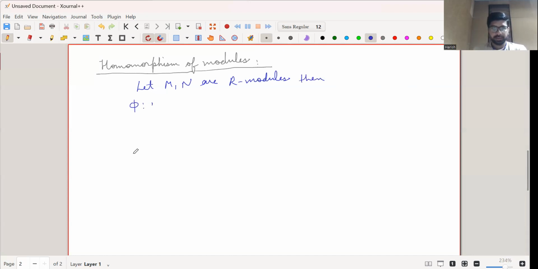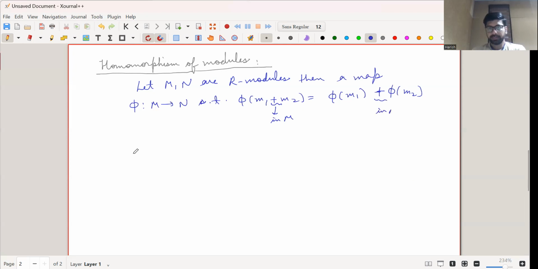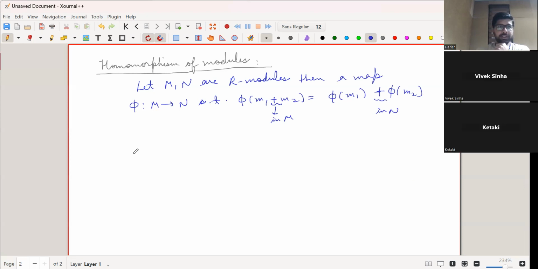Then a map phi from M to N such that phi of m1 plus m2 is phi of m1 plus phi of m2. So it respects the operation. Here this operation is in M, and this operation is in N, because phi's are elements of N. So have this thing in mind.